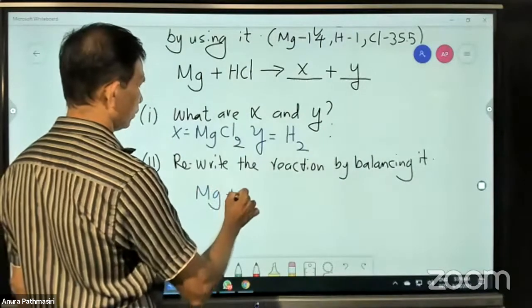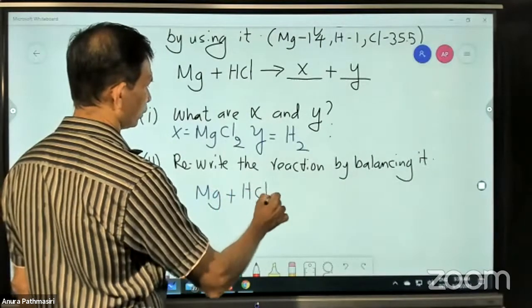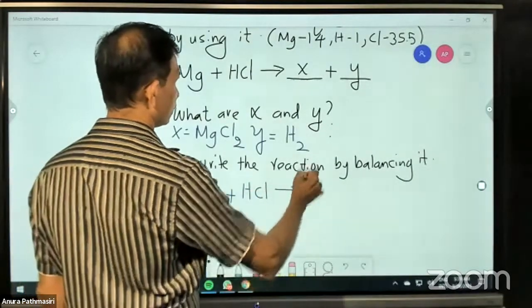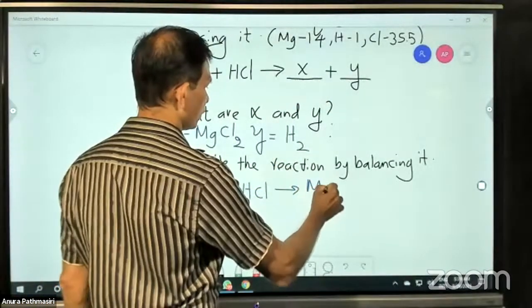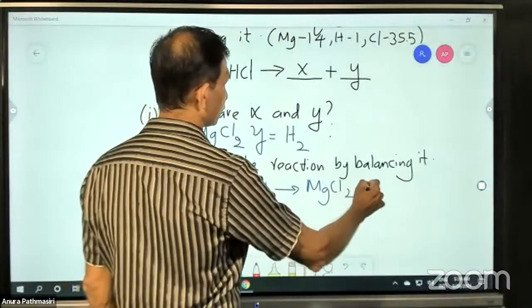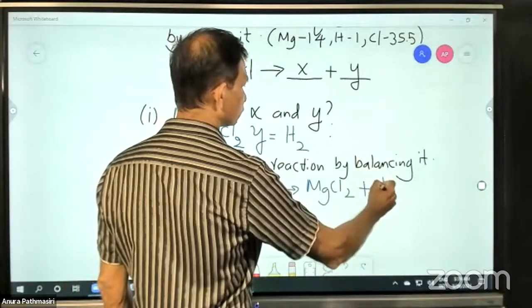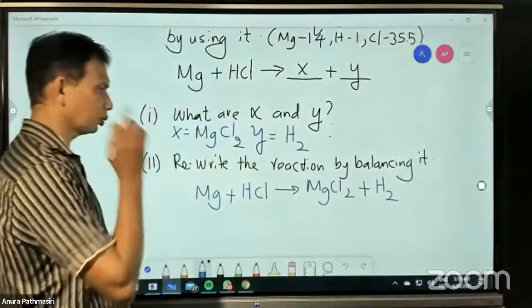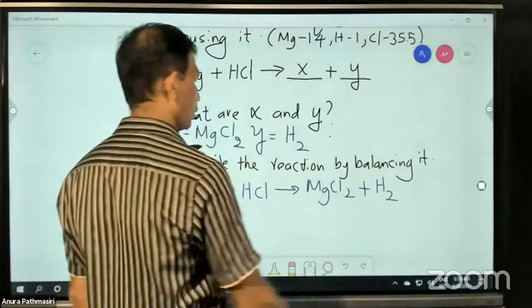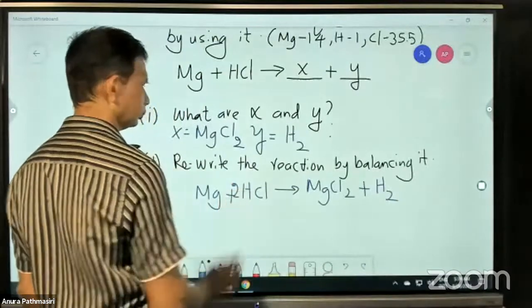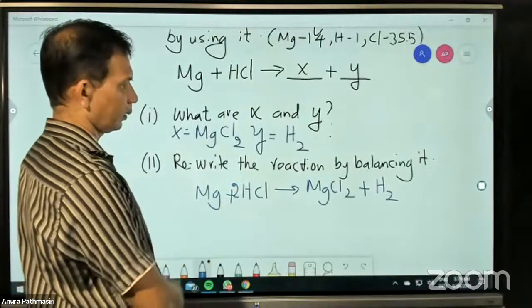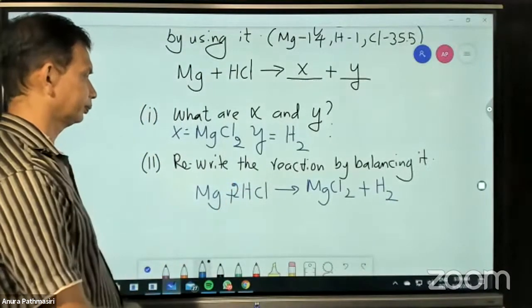Magnesium with hydrochloric acid. X is MgCl2 and Y is hydrogen gas. So once you balance it, you get 2 chlorine, 2 hydrogen. Can I put 2? Yes, sir. Now is it balanced? Yes.